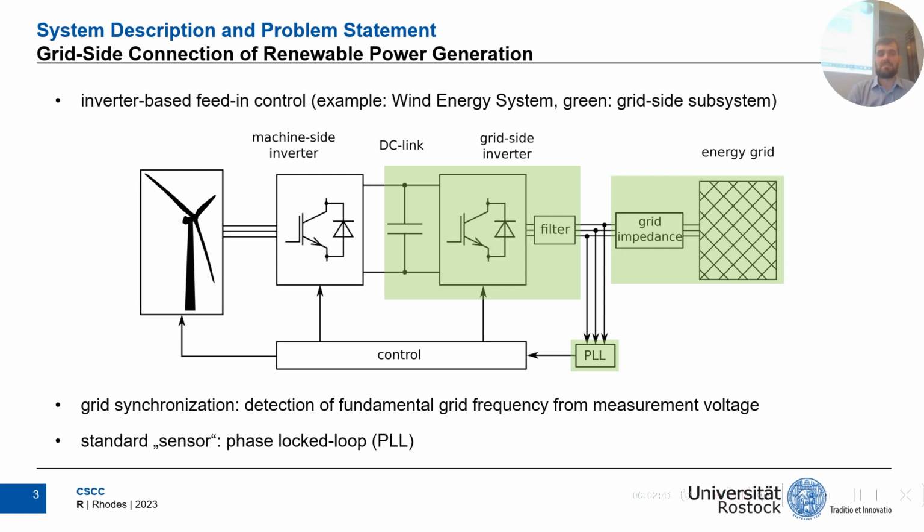What happens is that the machine-side inverter rectifies the electrical signals from the turbine's generator and the electrical energy is stored in the DC link. Then the grid-side inverter has to create a three-phase AC voltage that matches the grid voltage in terms of frequency, amplitude and phase angle. But frequency is the most important one.